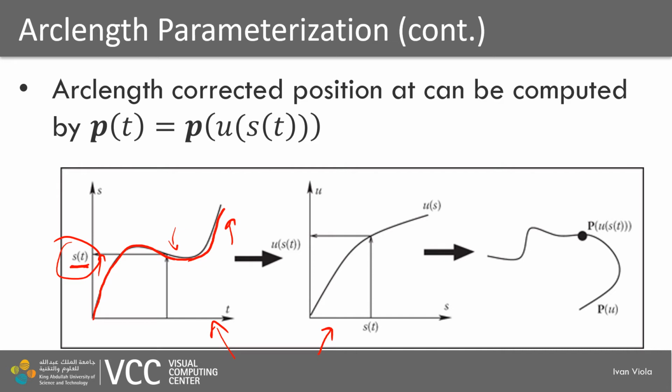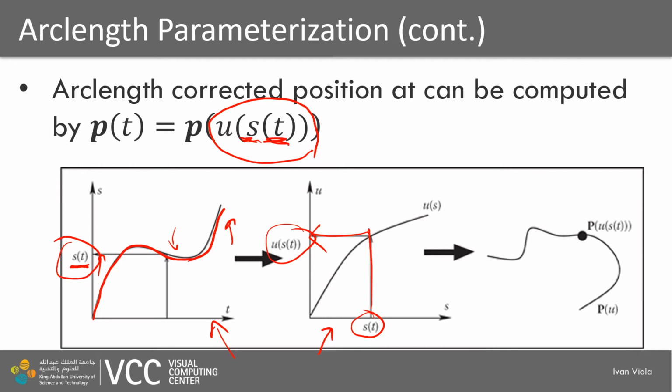Therefore, we need a S(U) parametrization. So this would be the arc length parametrization, which, for a given point S, will give us the value of the U. And then we can actually put this value into this U value for a given time over time in the animation.